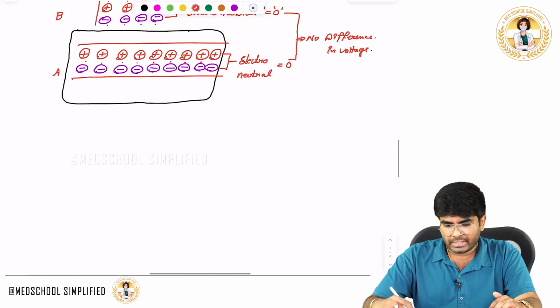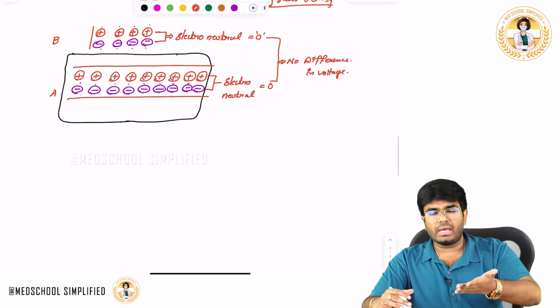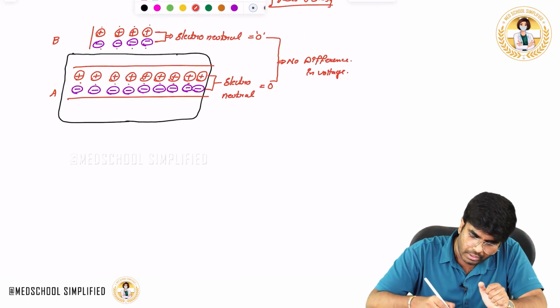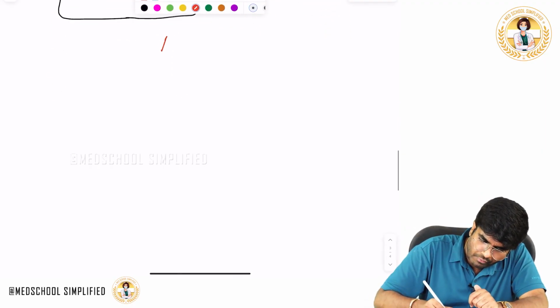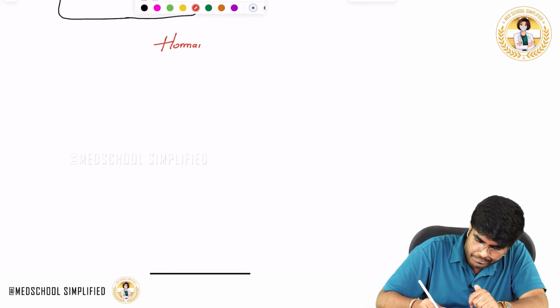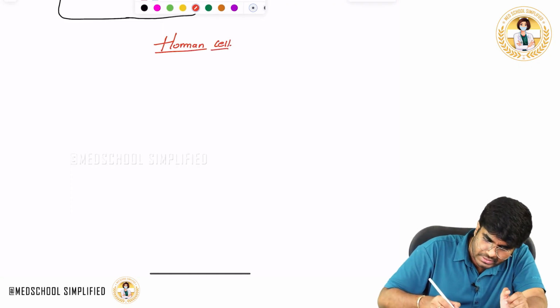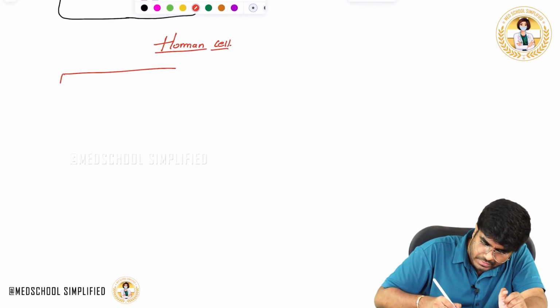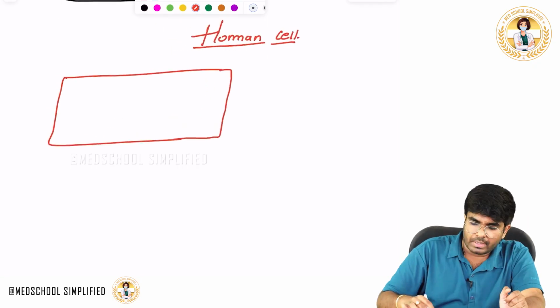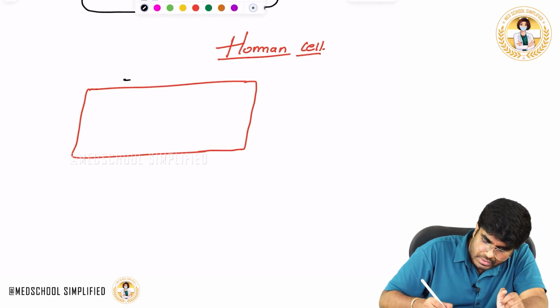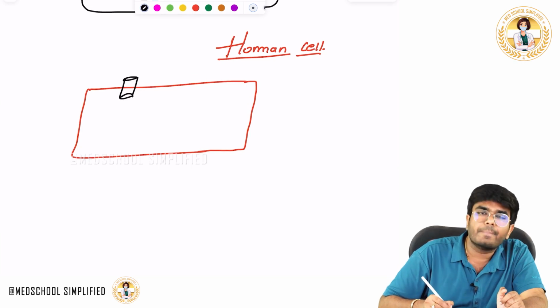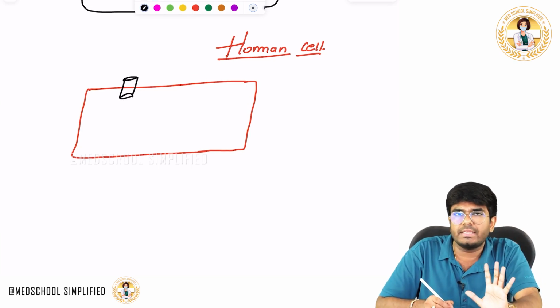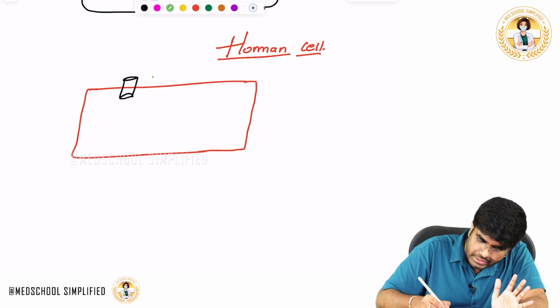So now, after discussing about the Donnan effect, how the unequal distribution of ions is created, now let's see how our human cells are. Okay, now I am talking about the human cells. In our human cells, the first point which I want you to know is, imagine this is our human cell. Now, human cells have these leaky channels on them. There are certain channels called leaky channels, even during resting condition.